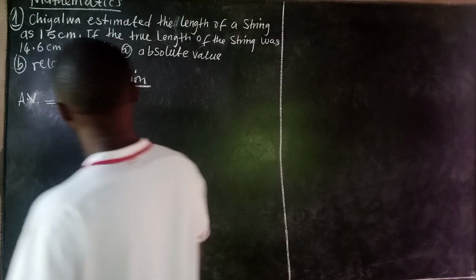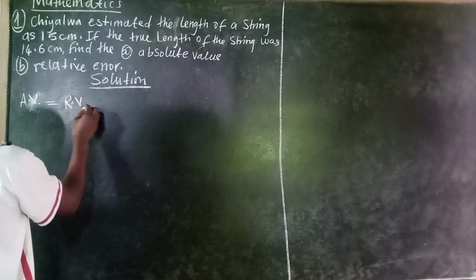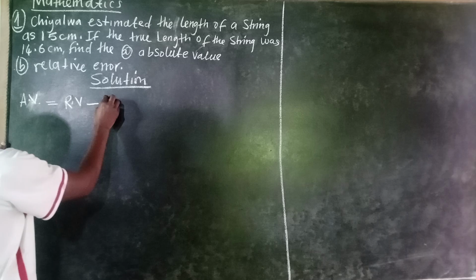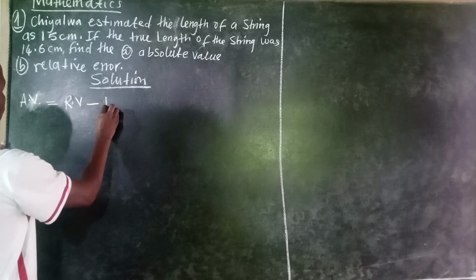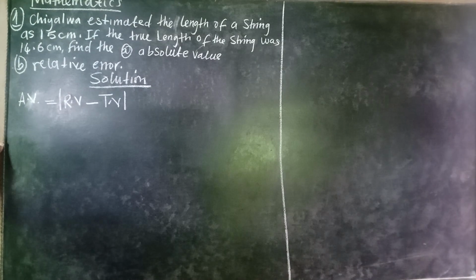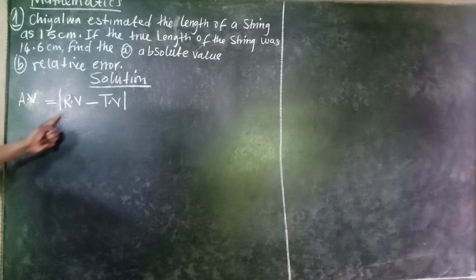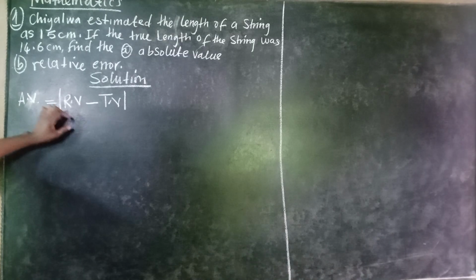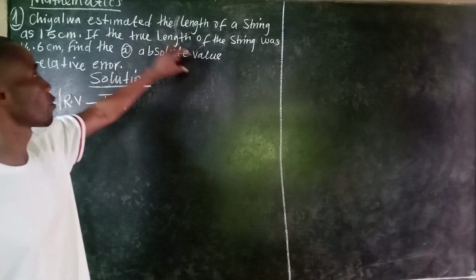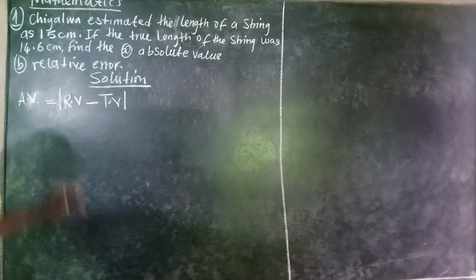So recorded value, and that one should be written in an absolute form, minus the true value. Okay, so it's important that you indicate this formula in absolute brackets. The reason is very simple, because we are dealing with absolute according to the question. They are saying absolute, so this is the form for absolute. Okay, so you need to put them inside the brackets.